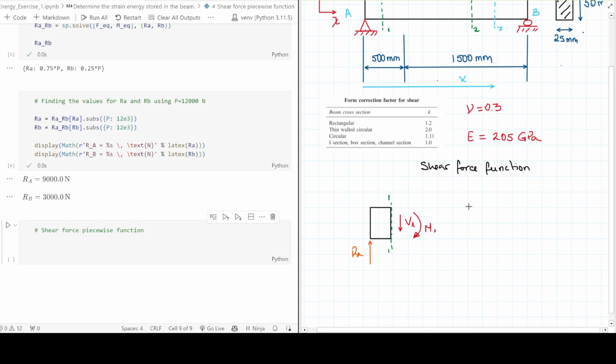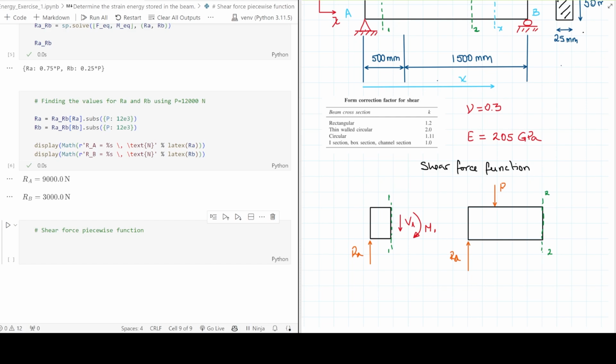Then in section 2, I'm going to have this case. So I'm going to have a piece of beam. I'm going to have section 2 applied here, or no, the cut is going to be here. And then, let's keep the same colors here, I'm going to have the reaction on A, and also the force P applied here at some point.